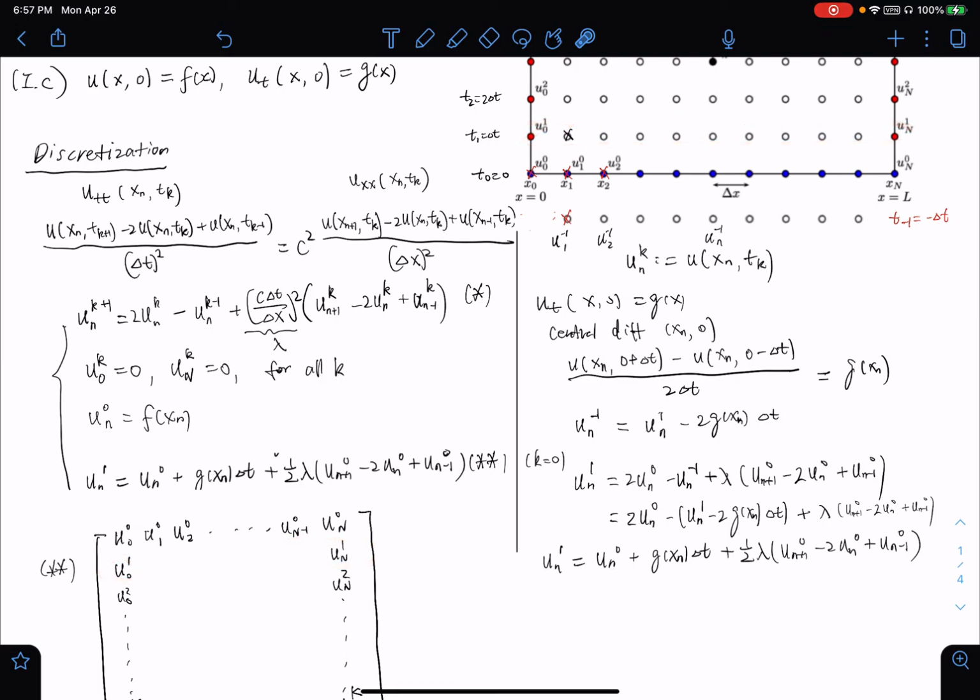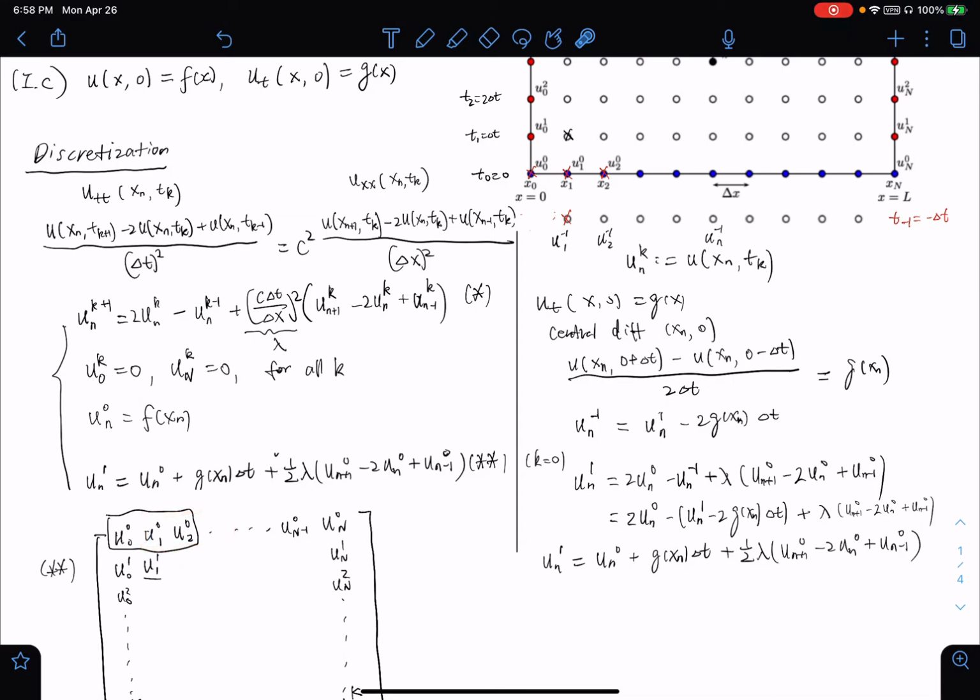In particular, we're saying that, for example, u at x_1 at first time step will be related to these three values using this recursion formula, right? We don't need the values on the fictional time grid. And then this value will be determined by three values here, and so on and so forth.